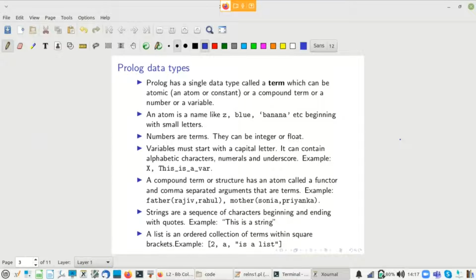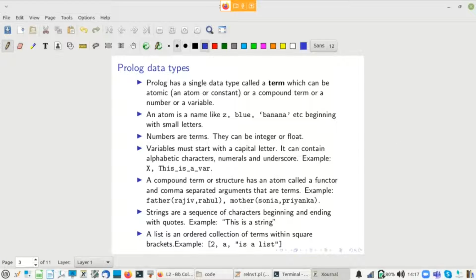Numbers, simple strings, and simple sequences of characters starting with a small letter are atoms.